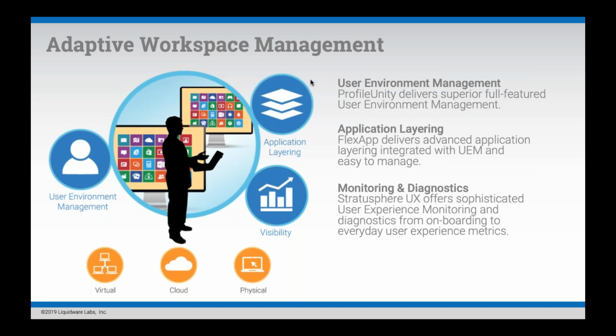We also have the ability to elevate a process privilege so that you can take away users' admin rights on their desktops. And if an application is required to have admin rights, you simply say, yep, this app, when it runs, will have admin rights, but the user will not.